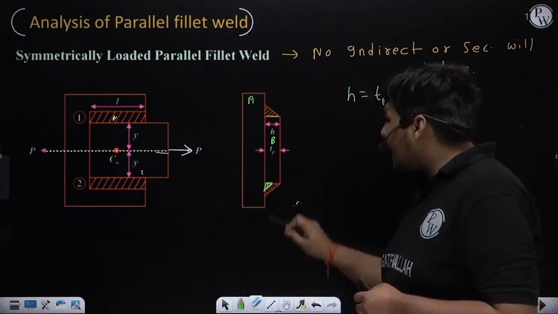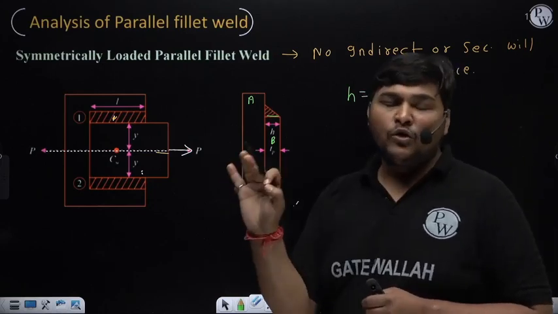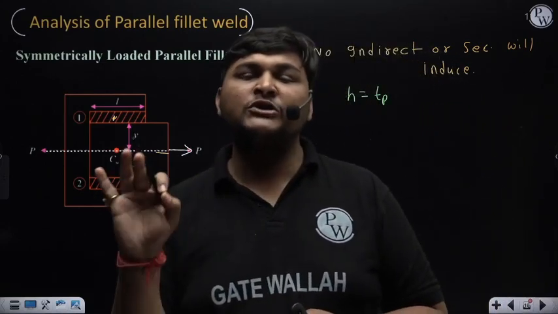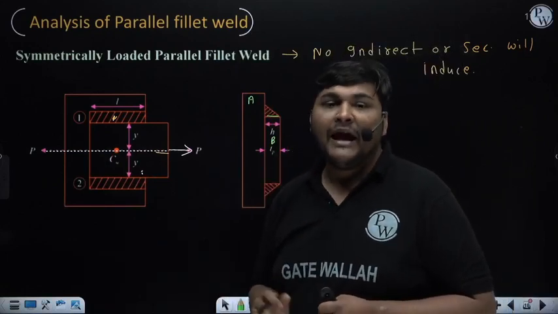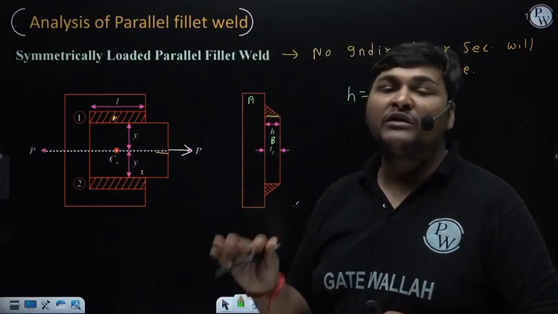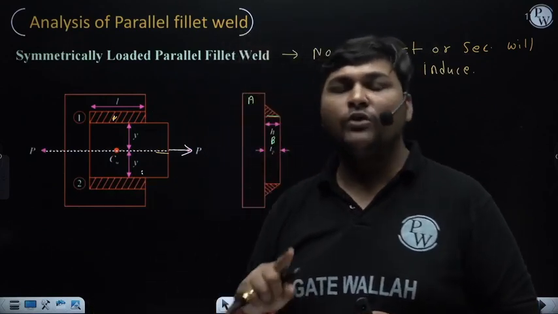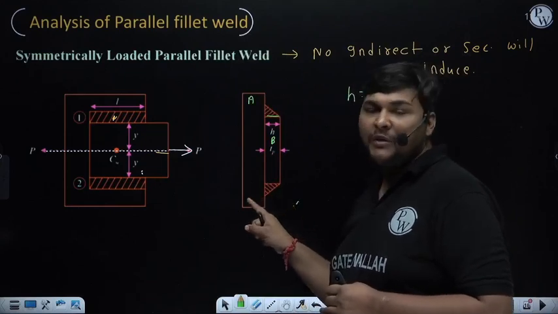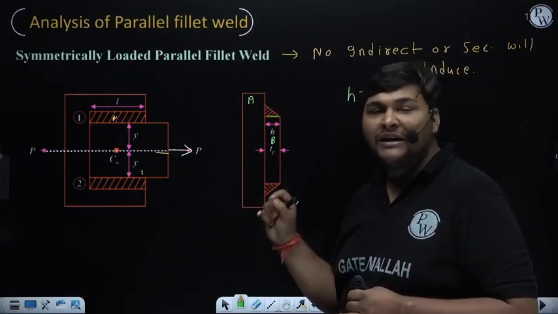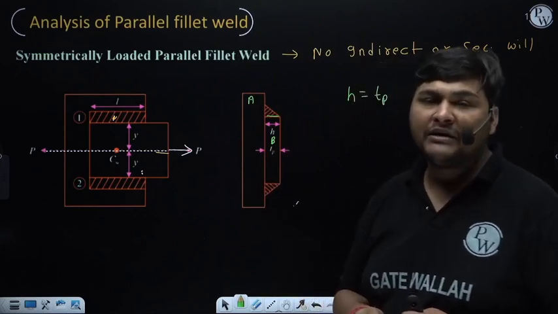But suppose the examiner has not given this diagram, but in the wording of the question it is mentioned that the thickness of the plate is 10 mm, say, and we cannot solve the problem without knowing the value of leg dimension or throat. In that case you can imagine that we are covering the entire thickness of plate B, and you can automatically take the value of H equal to the thickness of plate B, that is TP.